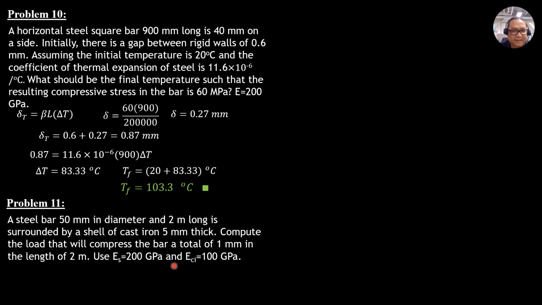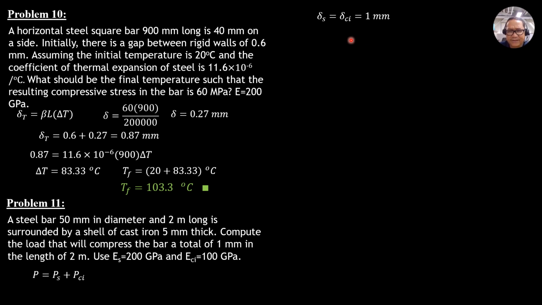And another important thing is that they have the same deflection. So for the steel bar, take note this is hollow. So P equals P sub S plus P sub Ci. Then delta of steel is also delta of cast iron equals 1 mm.